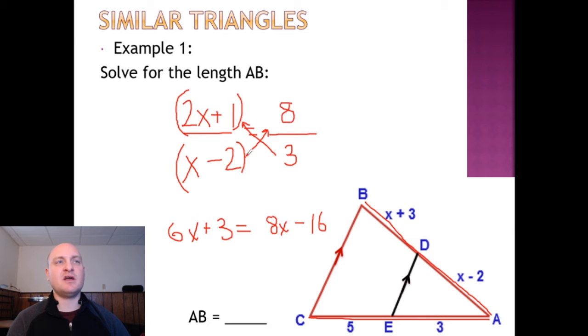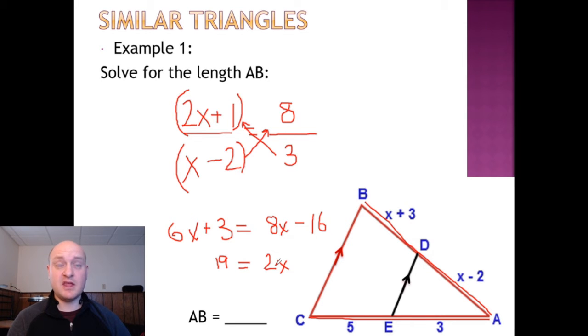Now I've cross multiplied. And with that, I can finish this solving. I can subtract 6x from both sides, and I can add 16 to both sides. So I'll have 2x here, and I'll have 19 here. Which is all well and good, and it's helpful, since I'm trying to find out... Well, hang on. I'm not trying to find out what x is.